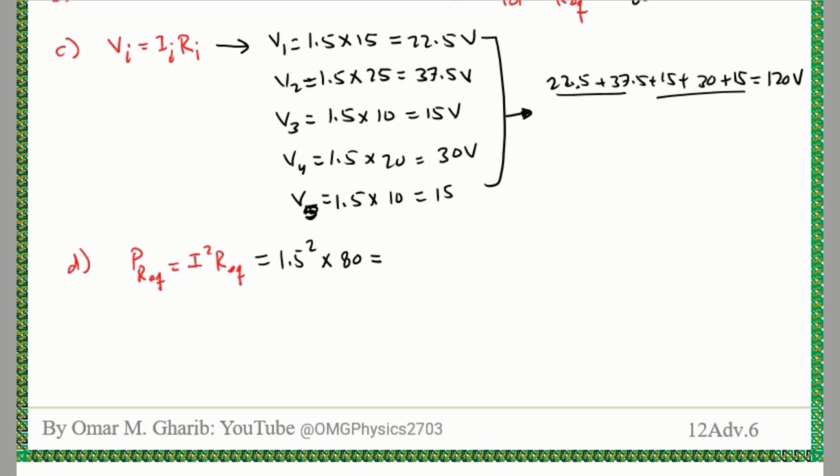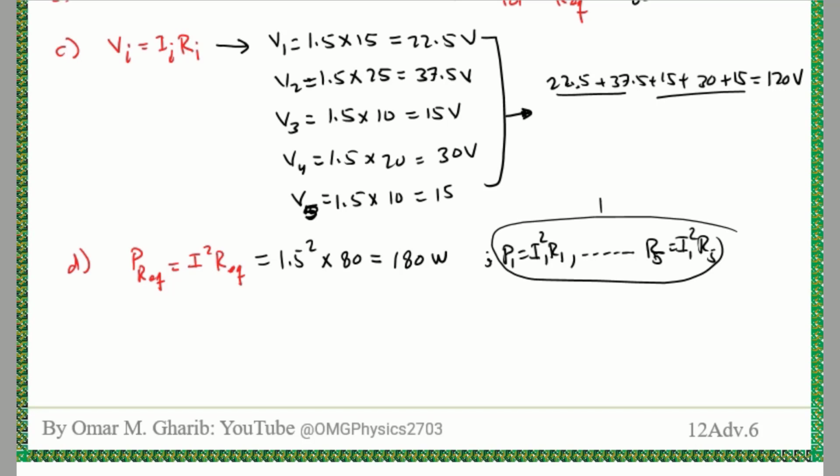So the power dissipated by all resistors is 180 watt. You can find the power through I1 squared R1, and so on, up to P5, and add these five powers, and you will get the same answer.